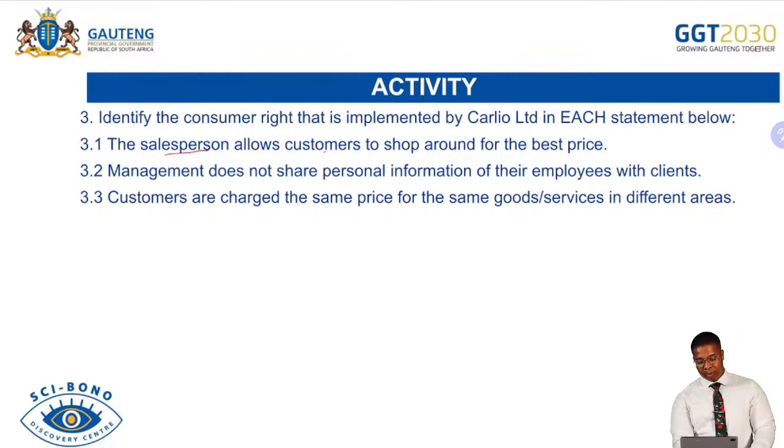So when we look into the solution here, you will then understand the following: the salesperson allowing customers to shop around for the best price. This should be the right to choose. Then the manager does not share personal information with employees or with clients. Now this is the right to privacy.